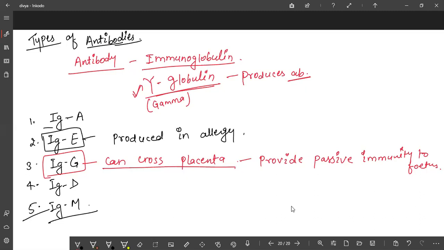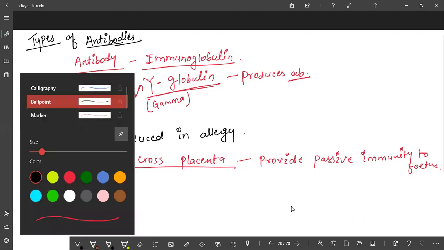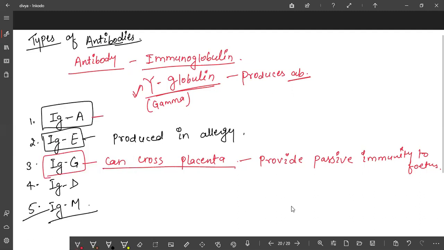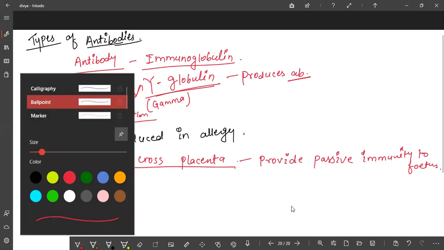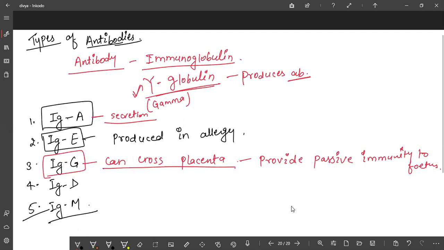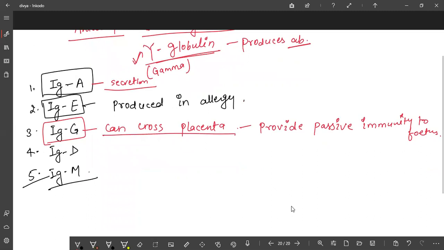And one antibody is present in all secretions. Whatever the secretory material is, that is secretion. This question is asked: colostrum, the first initial milk of the mother after parturition, the yellowish golden fluid. This is IgA. It is present in colostrum.